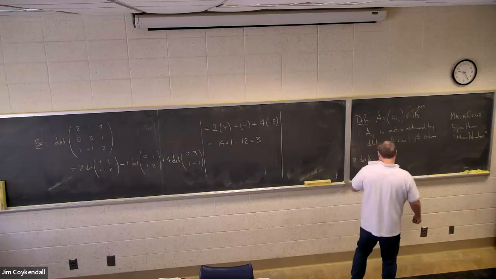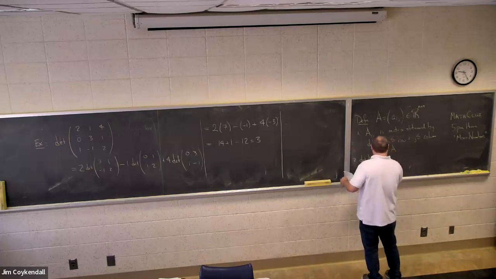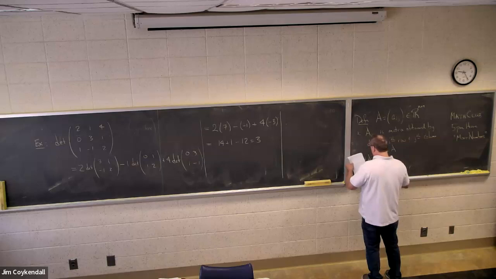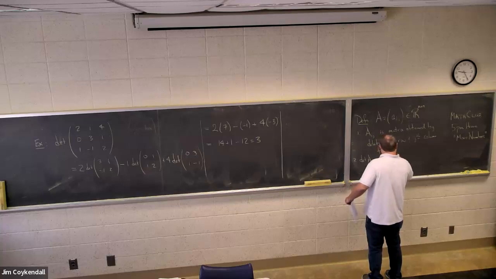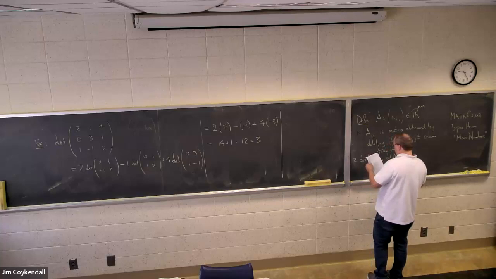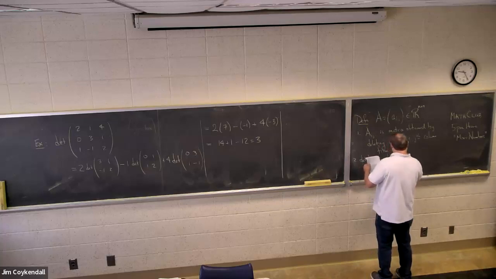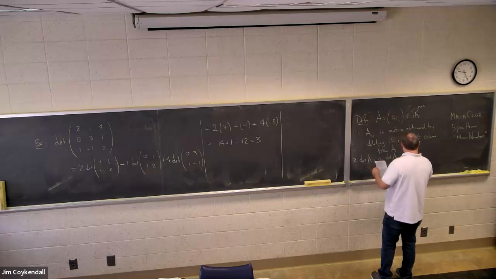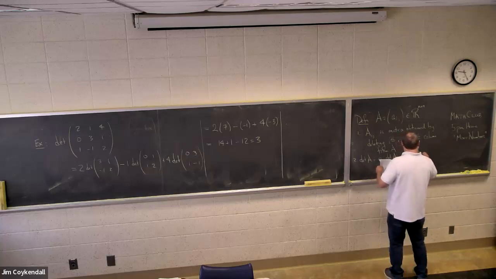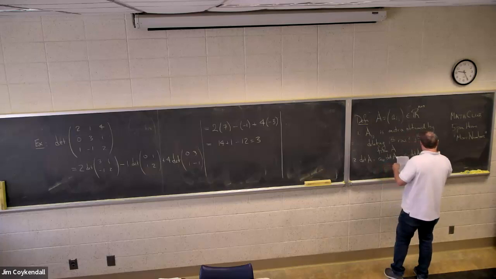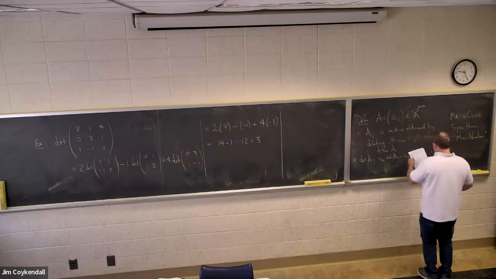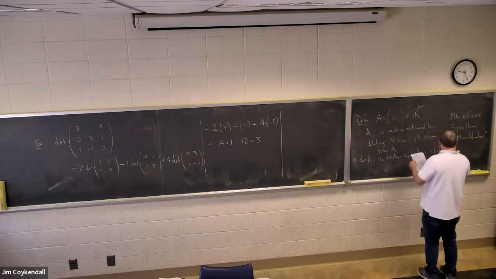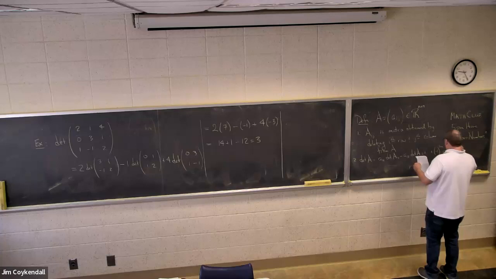And then I'm going to use something in general: A_11 determinant of A_11, minus A_12 determinant of A_12, up to (minus 1) to the power 1 plus n, A_1n determinant of A_1n.